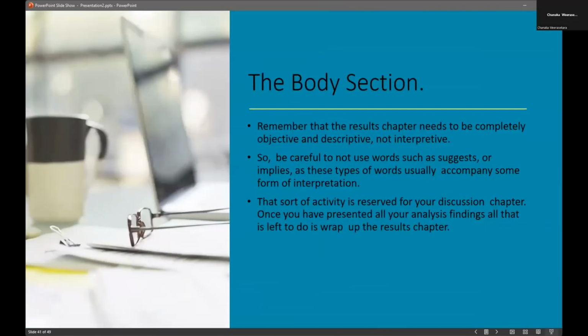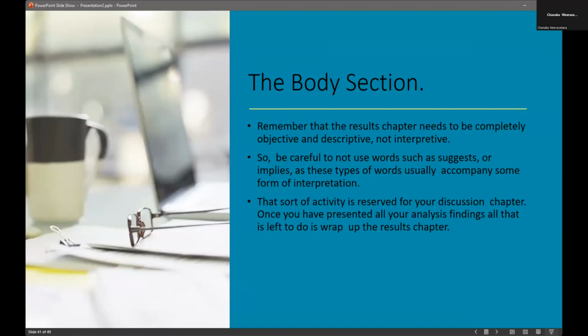There are three things that I want to mention here. Remember that the results chapter needs to be completely objective and descriptive, not interpretive, which I already mentioned. Be careful not to use words like "suggests" or "implies", the type of words that usually accompany some sort of interpretation.